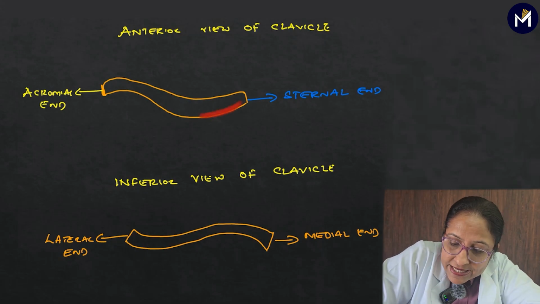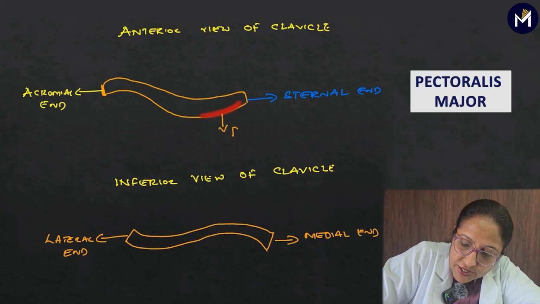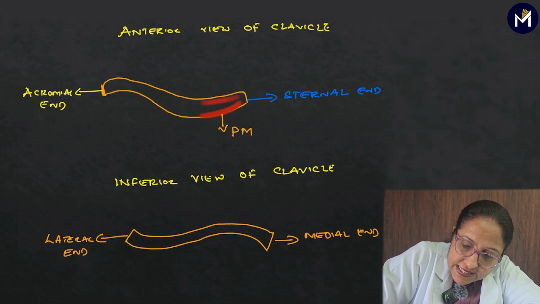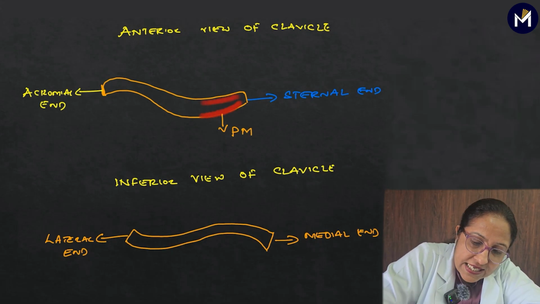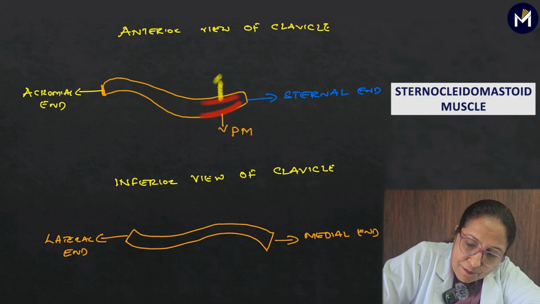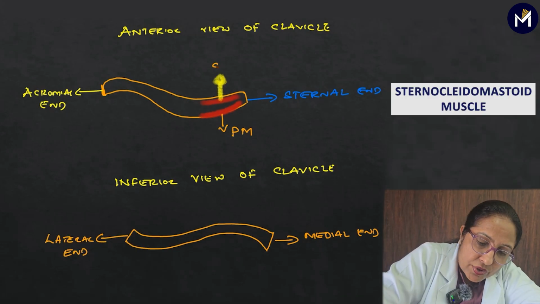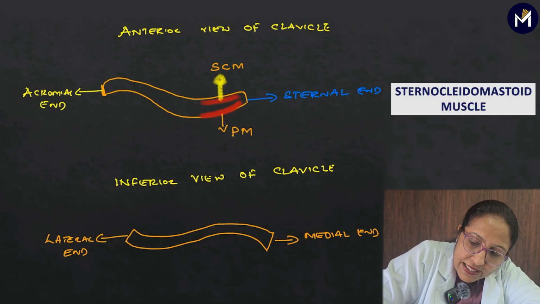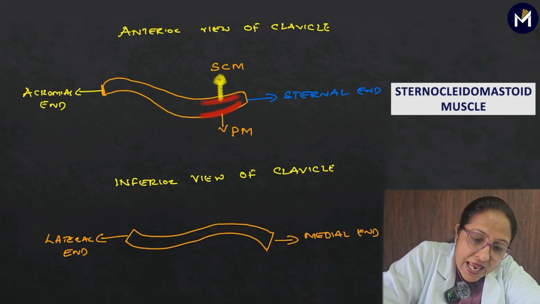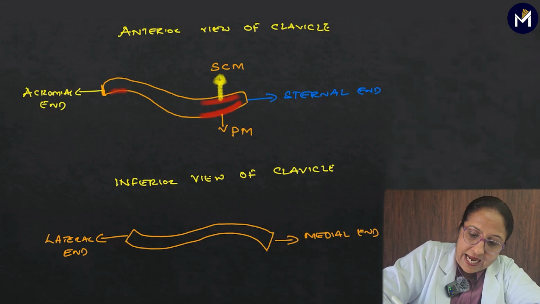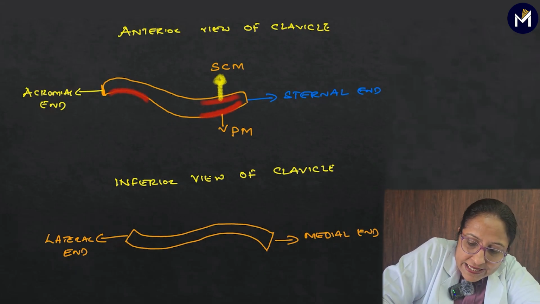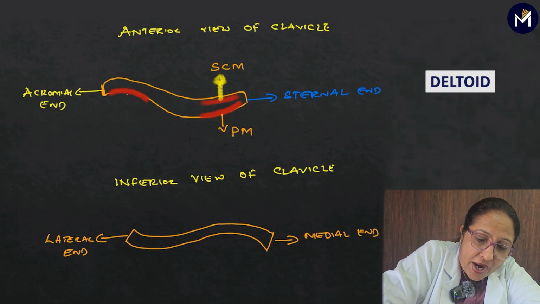So, to the anterior surface, this is pectoralis major. This is to the superior surface, sternocleidomastoid muscle. Coming to the lateral end, here to the anterior border, deltoid is attached.